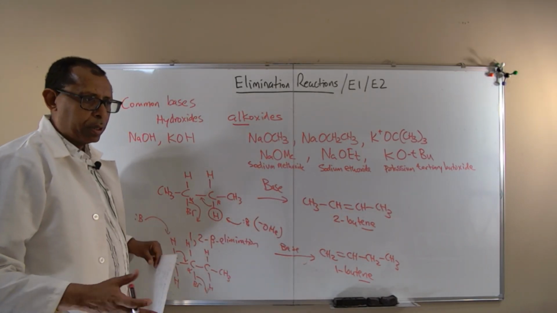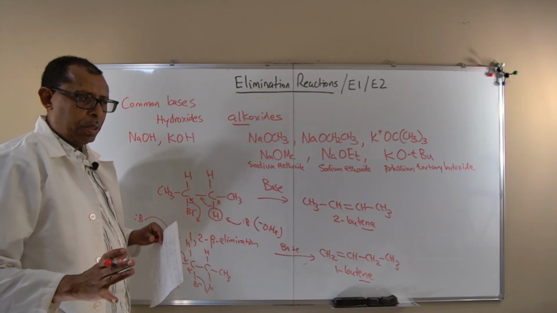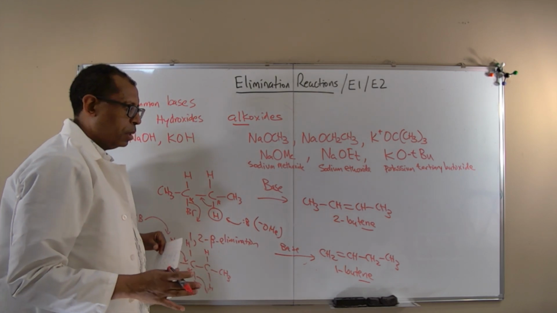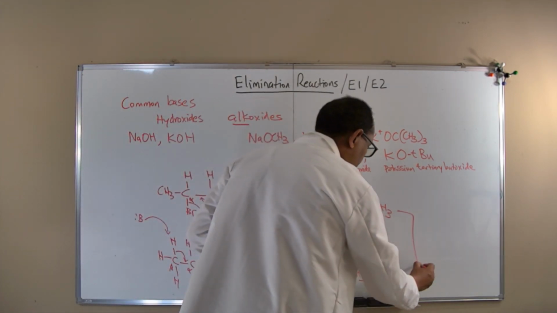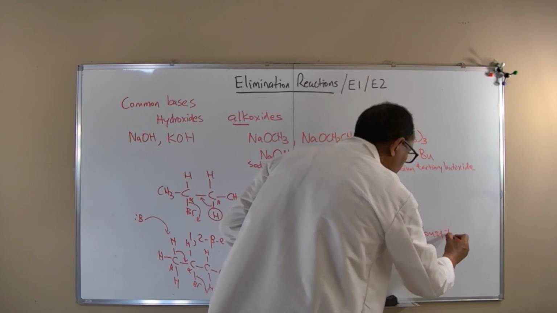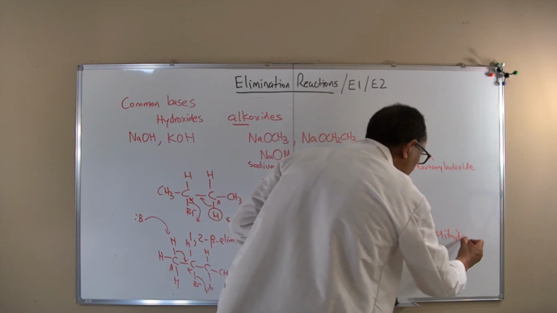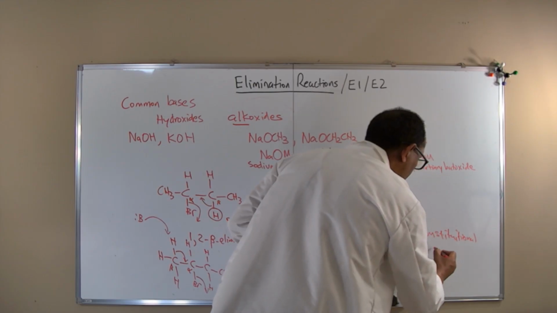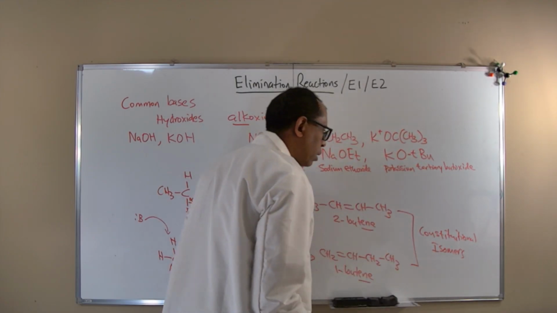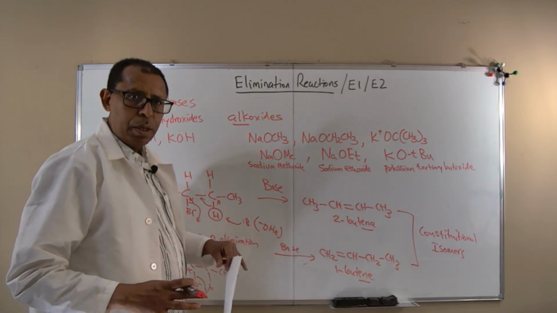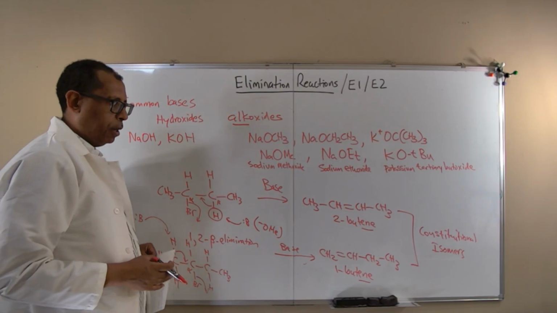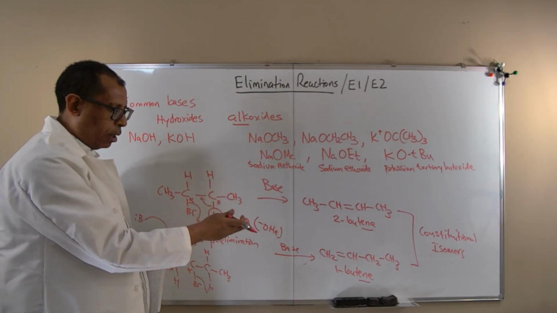You get two products which are not the same. They are constitutional isomers. They are not the same compounds. From one reaction you get a mixture of products. So in that reaction path you have two different compounds, a 2-butene and a 1-butene.